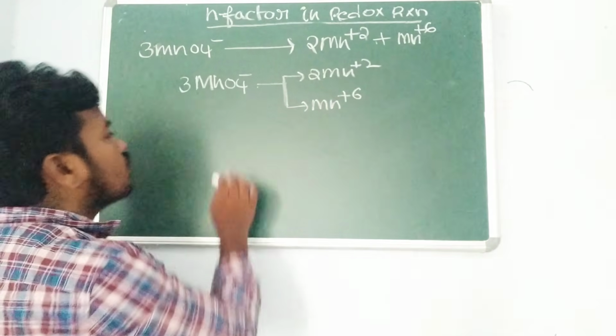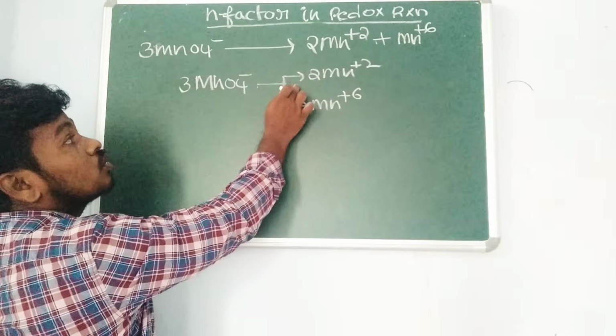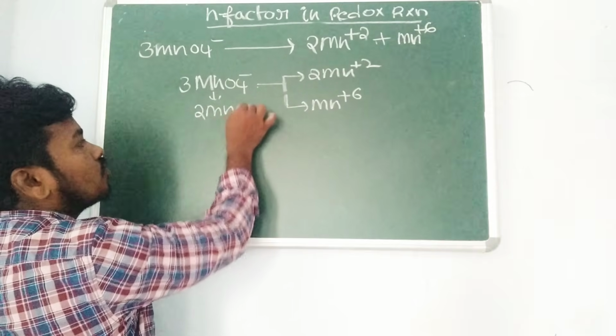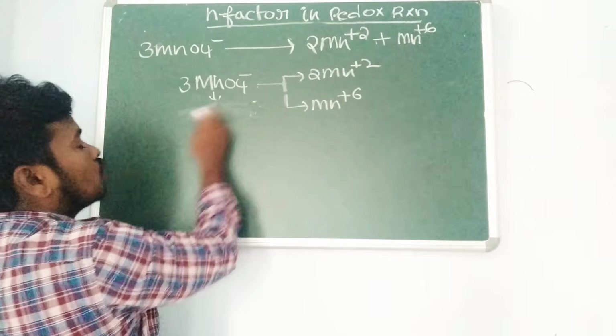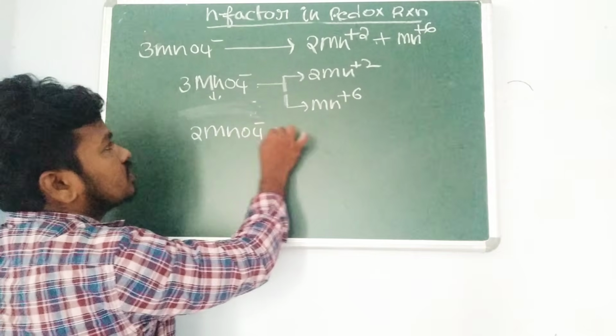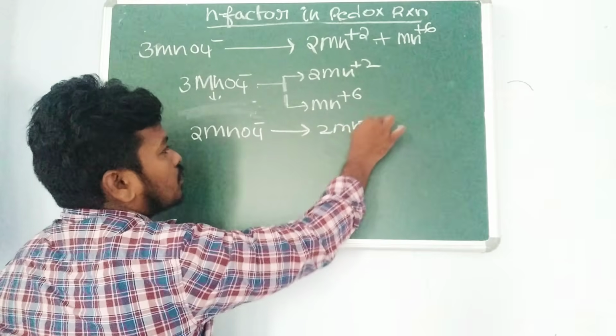So you can write like this also: 2 MnO4 minus changes to 2 Mn plus 2.